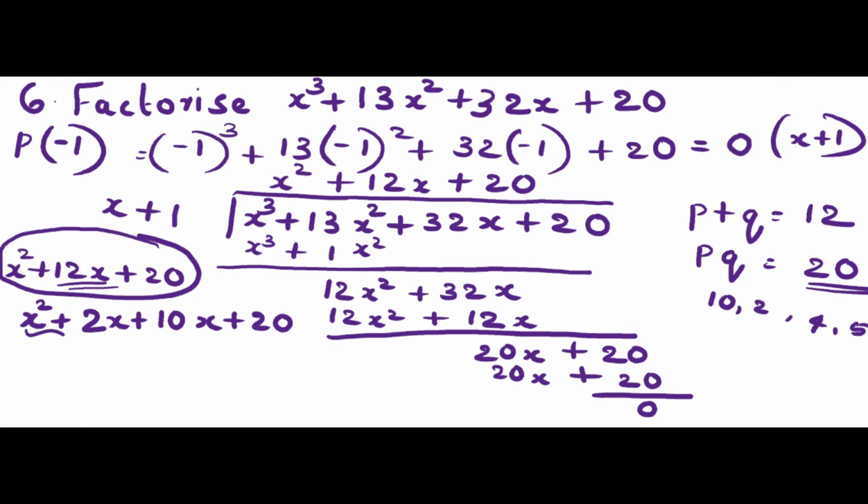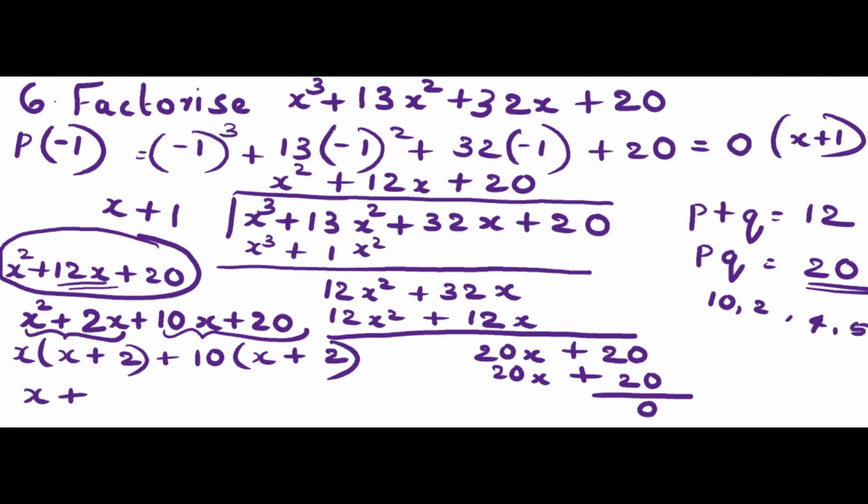Here I am grouping in this manner and taking my common factor, which is x, outside. So x plus 2. Here I am taking 10 outside. So I will be getting x plus 2. So I got x plus 2 common and the next one is x plus 10.